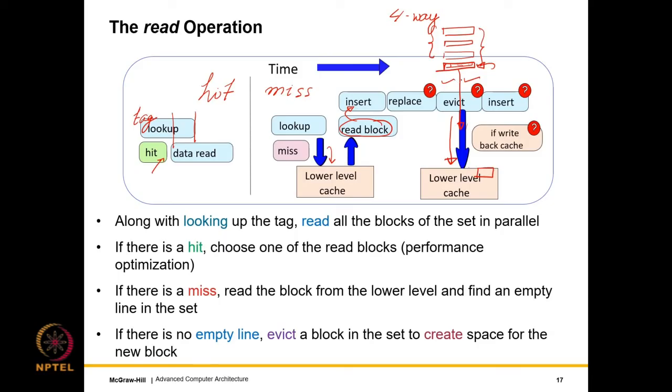This process of evicting a block, creating space and inserting is of course optional, subject to the fact that we don't have an empty entry in the set. So the flowchart for a miss is clearly more elaborate, in the sense that you have a replace and evict operation. Let's take a look at this in some more detail.